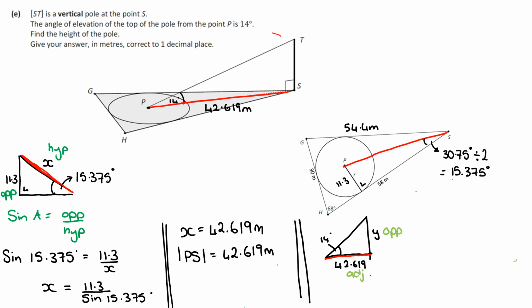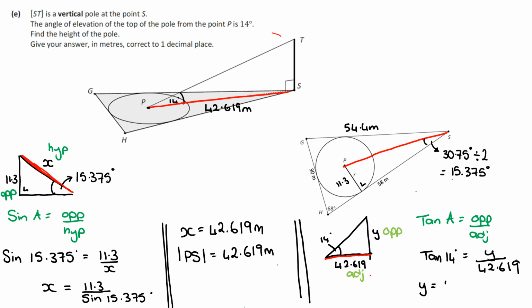That means I'm talking about tan of the angle is equal to opposite over adjacent. That is the tan of 14 degrees is equal to Y over 42.619.